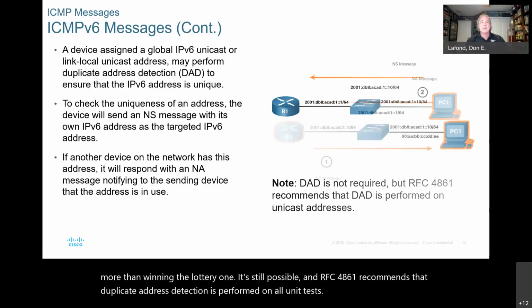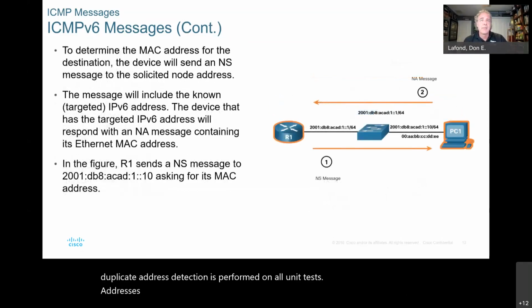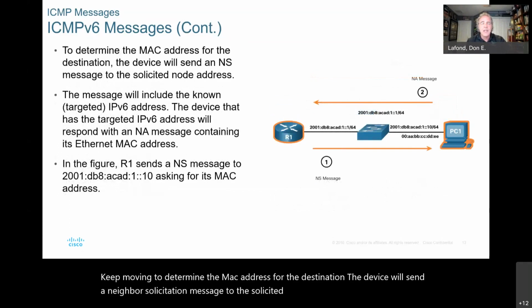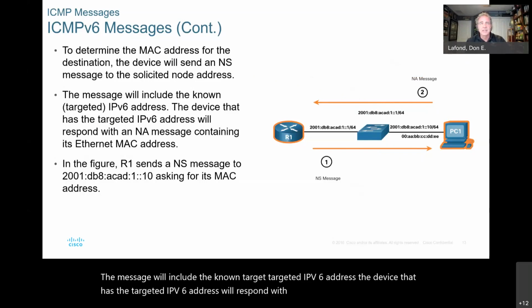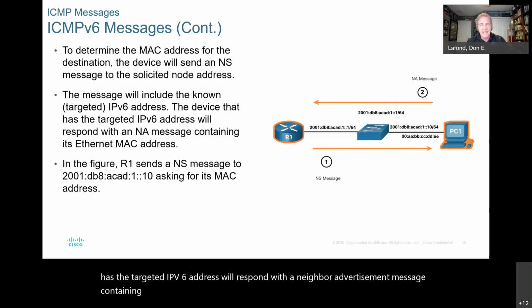Okay. Keep moving. To determine the MAC address for a destination, the device will send a neighbor solicitation message to the solicited node address. The message will include the known targeted IPv6 address. The device that has the targeted IPv6 address will respond with a neighbor advertisement message containing its Ethernet MAC address.